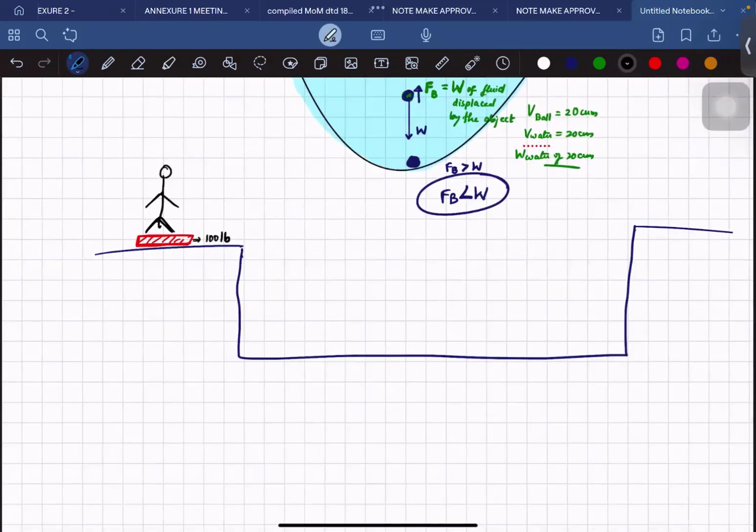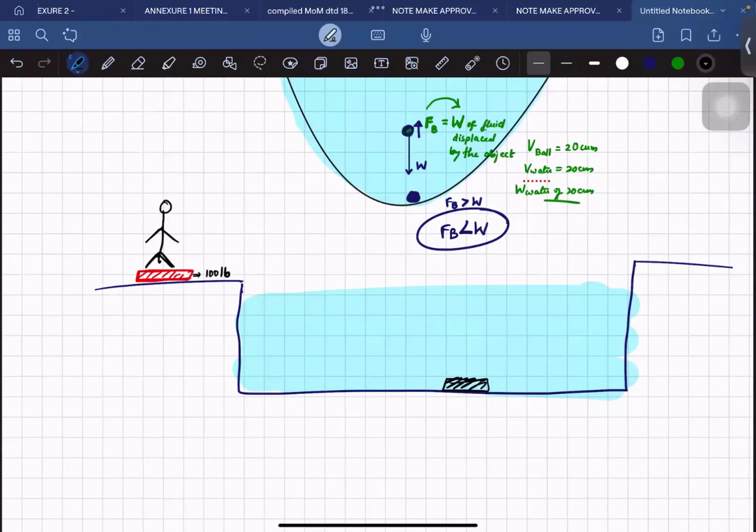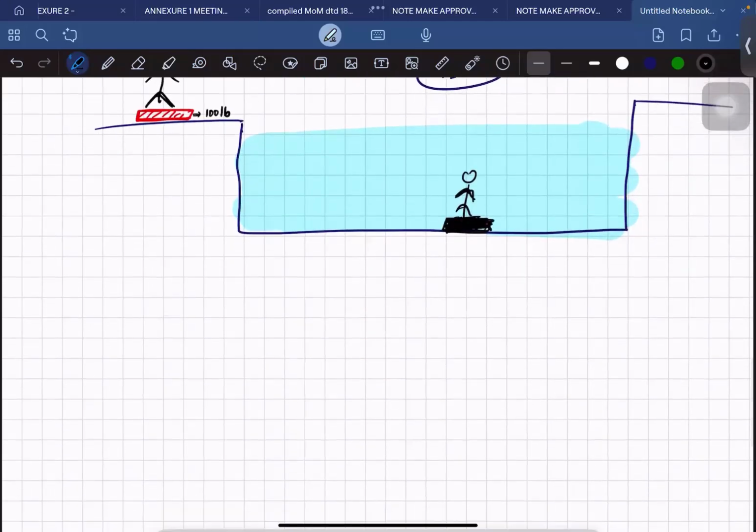If the same guy is inside the water, and I place this weighing machine somewhere here, and ask him to take the weight inside the water, can you guess what the weight shown will be? Will it be 100 pounds, or greater than 100 pounds, or less than 100 pounds? Less. Yes. Why is it less?